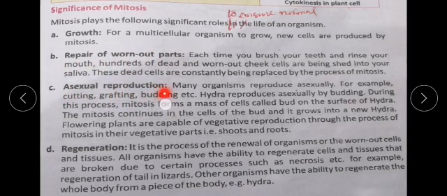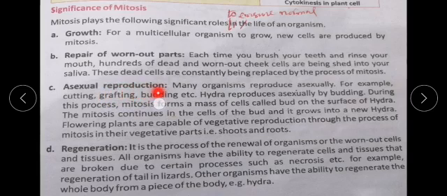It also helps us in asexual reproduction, that is, helps the animals and plants in asexual reproduction. Asexual reproduction is a process of reproduction. Simply, you are well aware of the process of reproduction, a process in which living organisms produce young ones like themselves.